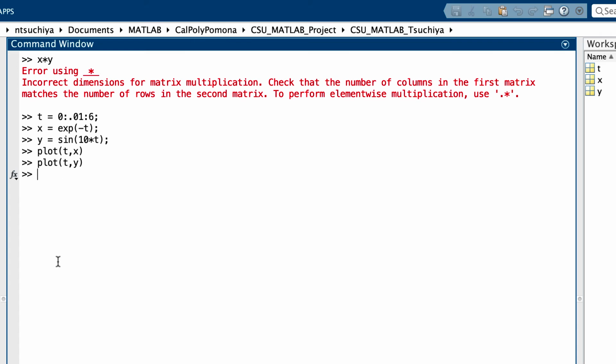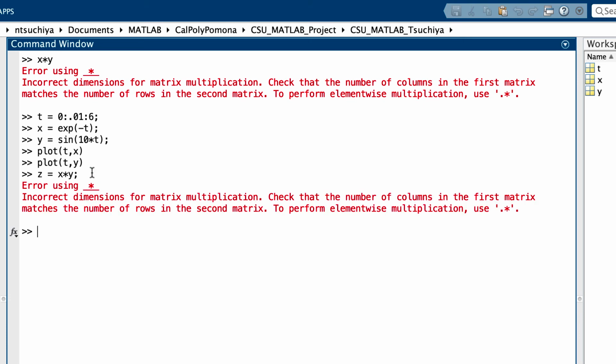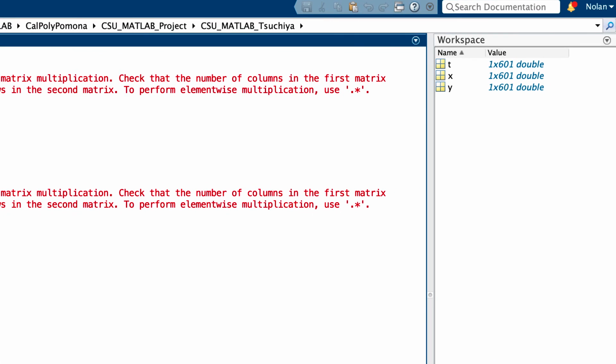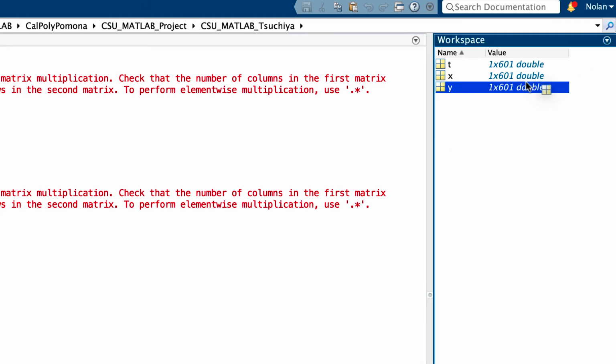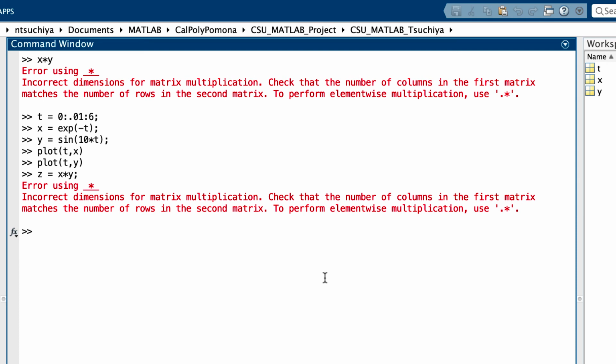So what I'm trying to do is create a vector that's the product of e to the minus t and sine of 10t. Now of course if I just try to multiply x and y together, that's when I get the error, because I'm trying to multiply two vectors of the same dimensions, and that's just not going to work. So what we want to do instead is multiply x by y in an element by element fashion, and that's where you put the dot before the operator that you want to apply.